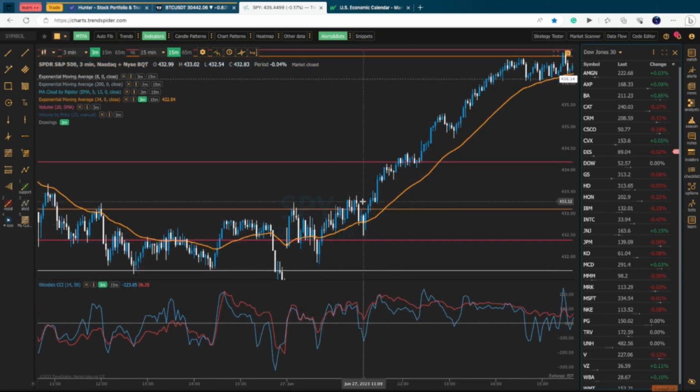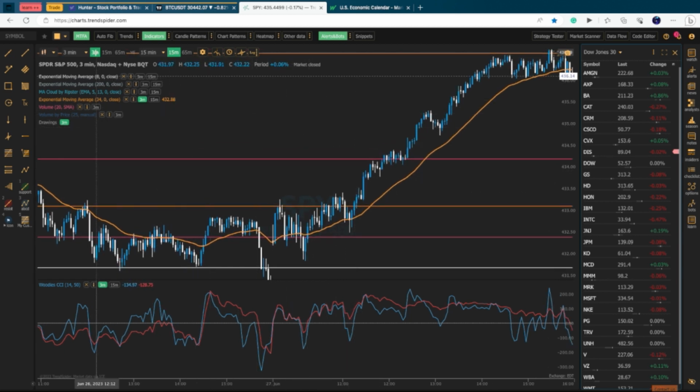But the main thing is we want confluence between the time frames. So ideally, you want price above the 34 on both the 3 minute and the 15 minute.